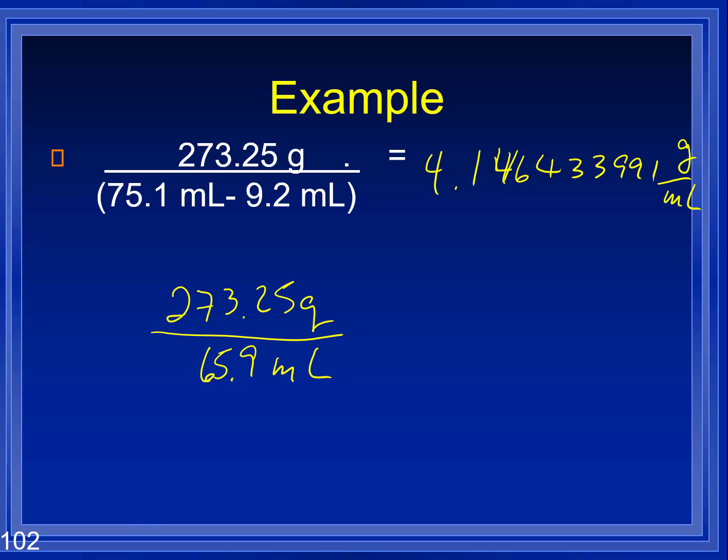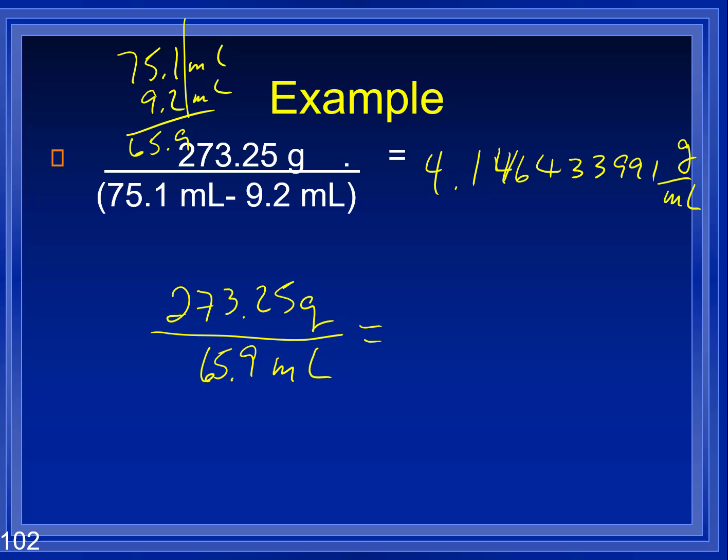Now, what about sig figs in that subtraction? I don't worry about how many there are. I worry about where they're at. They both have 1 decimal place. So my answer should have 1 decimal place. So I need that 0.9. The 0.9 stays.